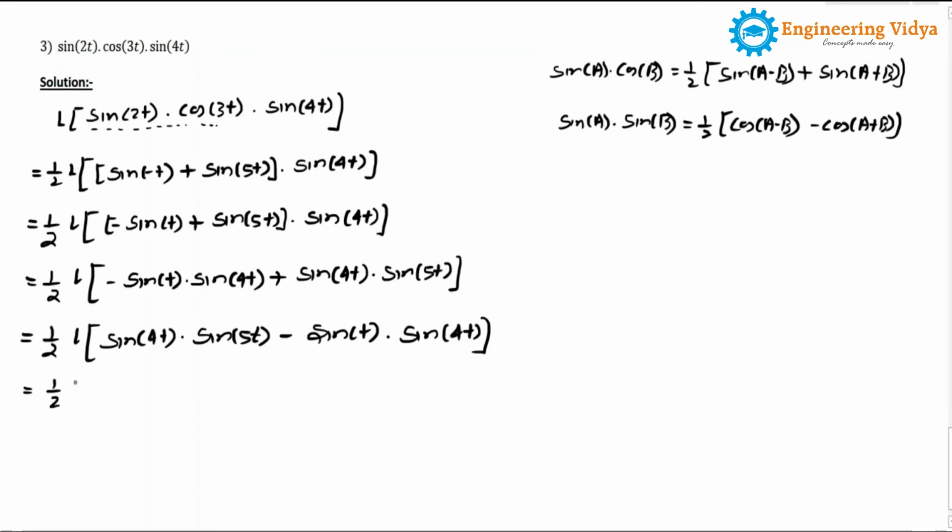So we can apply the formula over here, and after applying the formula 1 by 2 will be there, and then we'll write cos(a minus b), 4t minus 5t will be minus t, and then minus cos(4t plus 5t), which is 9t, cos 9t will be there. Minus 1 by 2 will come, again we'll apply the formula in this case also, cos(t minus 4t) will be cos of minus 3t, and then minus cos 5t will come, right?